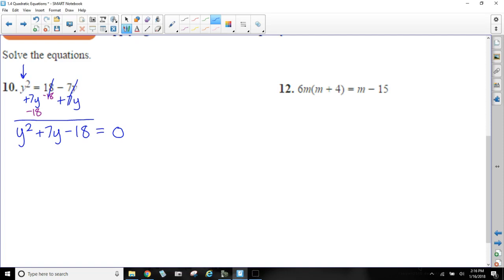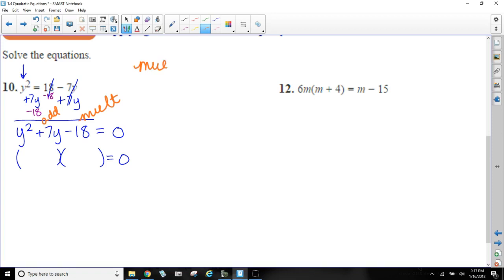That's the first place that you start, by moving everything to one side, then equals 0. Next, we're going to factor this left-hand side. This looks like one of those quadratic trinomials that we think could possibly unfoil. We want to find the two numbers that multiply together to give us the constant term of negative 18, but then combine, or add for short, to give us 7.